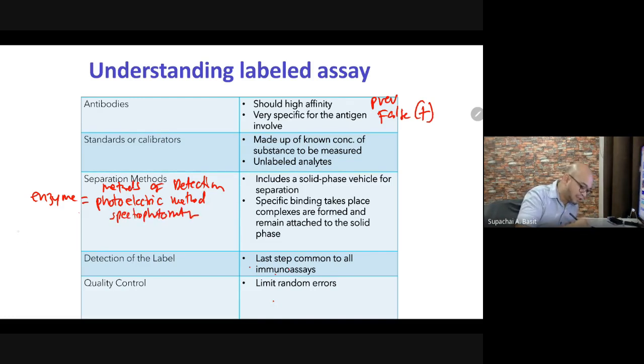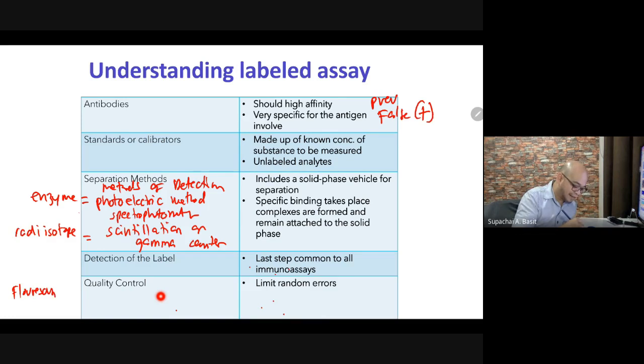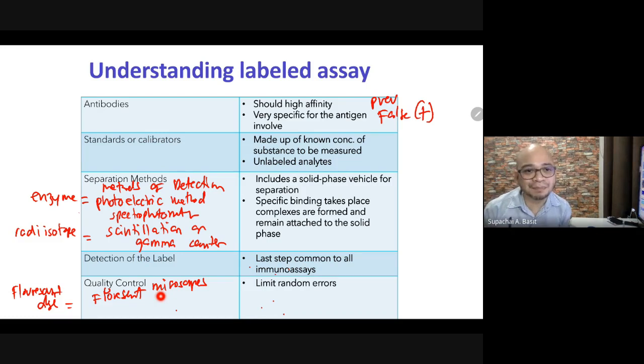If you are using a radioisotope, it can be detected using a scintillation or gamma counter. If you're using a fluorescent dye, then it can be detected using a fluorescent microscope. So these are the machines that should be present in our laboratory.